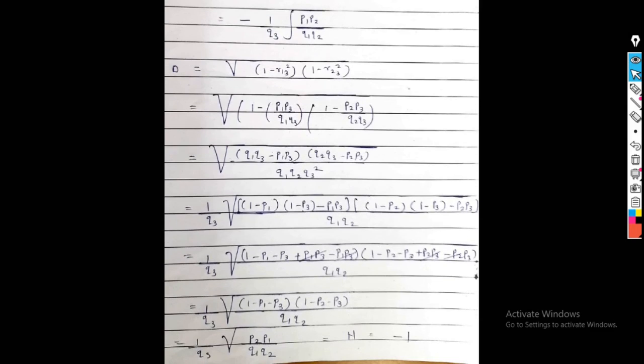Divided by Q1 Q2. So 1 upon Q3 square root of, solve this bracket, we get 1 minus P1 minus P3 plus P1 P3 minus P1 P3. Again 1 minus P2 minus P3 plus P2 P3 minus P2 P3, divided by Q1 Q2. These terms get cancelled. We get the square root of (1 minus P1 minus P3) into (1 minus P2 minus P3) divided by Q1 Q2.